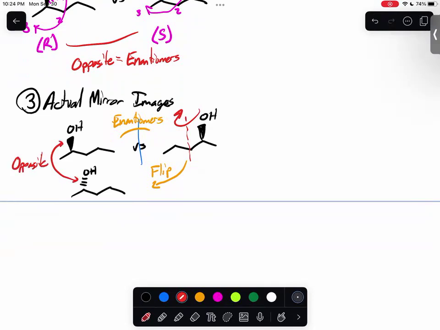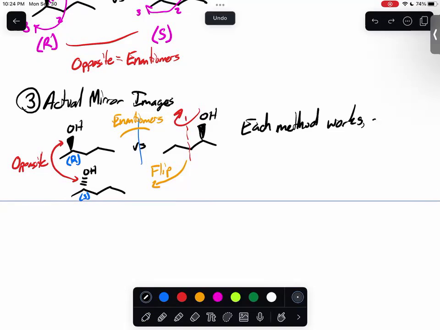You still don't believe it? Well, as a matter of fact, you can go ahead and you can try and do some absolute configuration. You'll once again find that this is R and this is S, right? So essentially, each method works and is backed by the other methods.